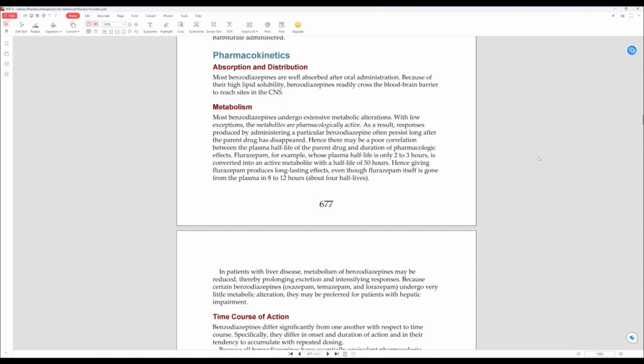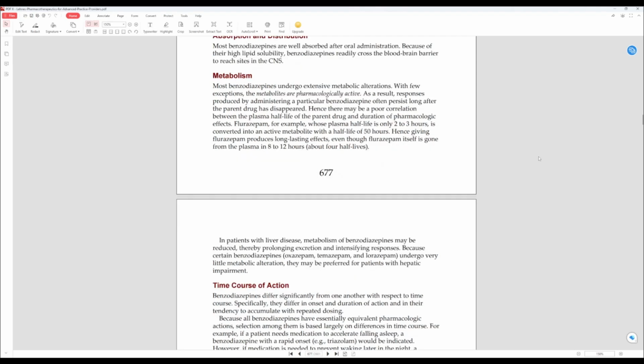Therefore, there may be a poor correlation between the plasma half-life of the parent drug and the duration of the pharmacologic effect. Flurazepam, for example, whose half-life is only 2 to 3 hours, is converted into an active metabolite which has a half-life of almost 50 hours. Therefore, giving flurazepam produces long-lasting effects, even though flurazepam itself is gone from the plasma in 8 to 12 hours.